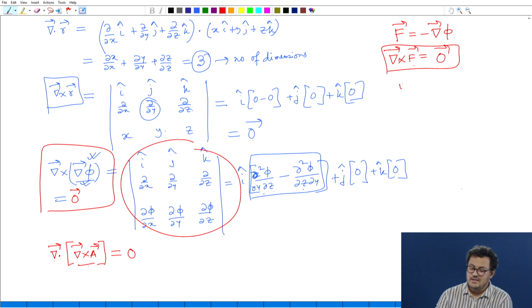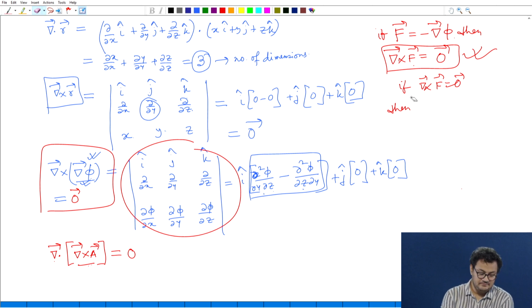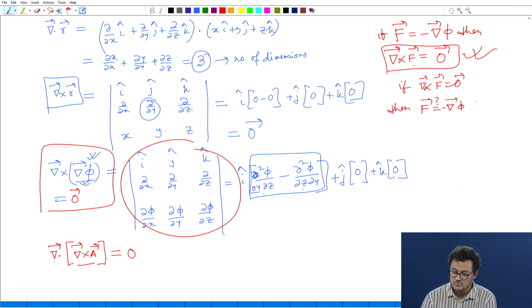That means, if the curl of f is equal to 0, which I know follows if f is a gradient, can I say f is equal to the gradient, or minus, just minus is a convention, so that you have half mv square plus something. Otherwise you will have minus something. Is this true? That I will show in the next lecture.